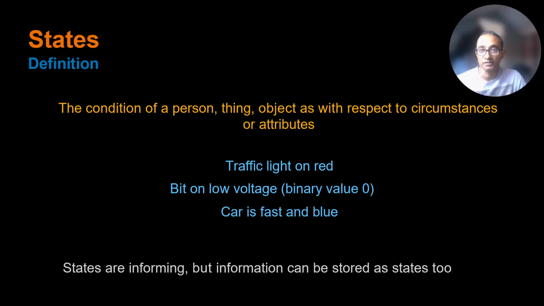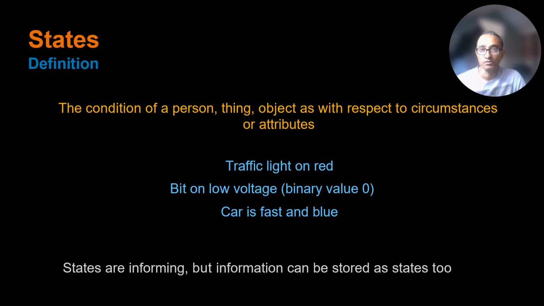We can also extend the states, having different attributes giving information about something. For example, a car is a fast car, probably with a high power fuel cylinder, but at the same time it is also defined by its color, which is blue.